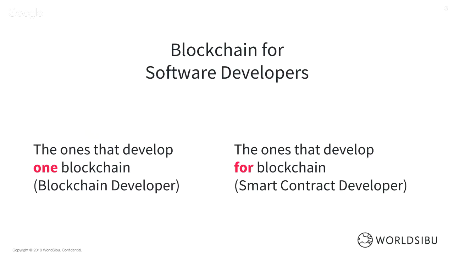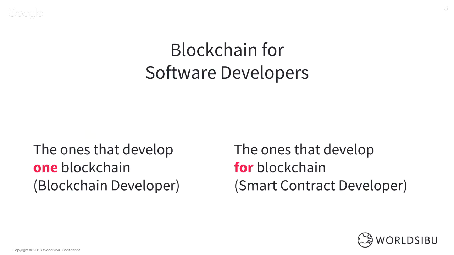To get a little on the topic of the talk today, I'll be talking mostly about blockchain. I'll first give a little introduction about the main topics that we're going to talk about. So, blockchain for software developers. When you say this phrase, there's some confusion in the field right now, because there are actually two roles in the blockchain development industry.